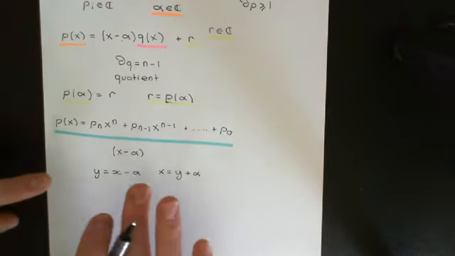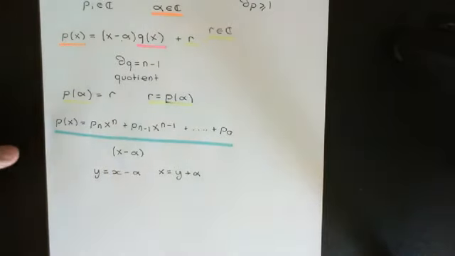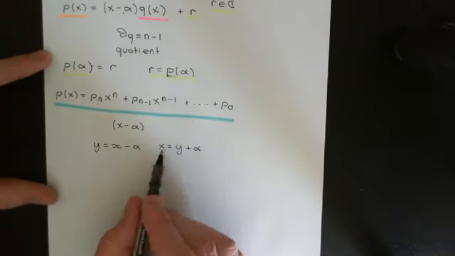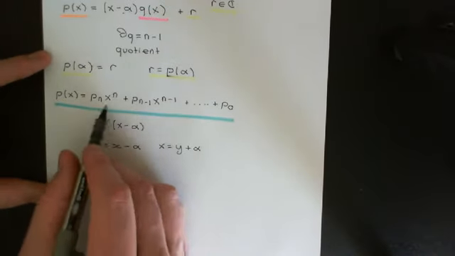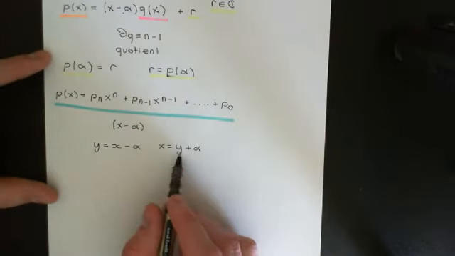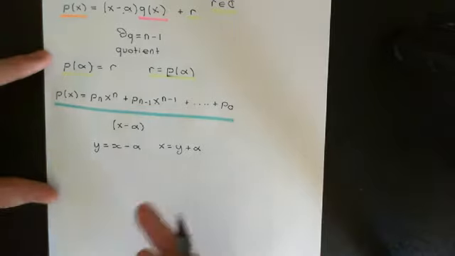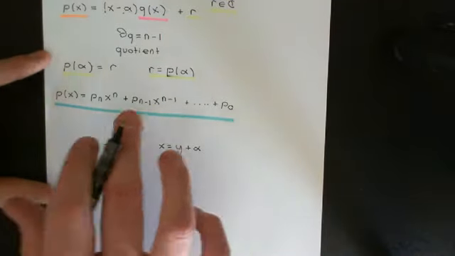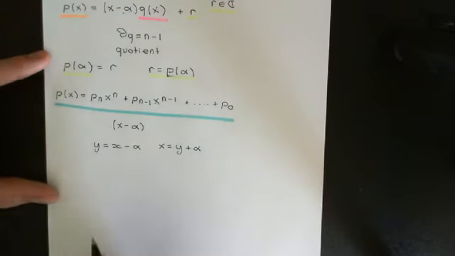So this is the way that we're going to manage to rewrite this polynomial in terms of powers of x minus alpha. So let me show you what I'm going to now do. I'm going to substitute in x is equal to y plus alpha. I'm just rewriting this polynomial in terms of a different variable y, and then later on I'm going to reverse this silly changing to a different variable so that I'll bring it back in terms of the variable x.